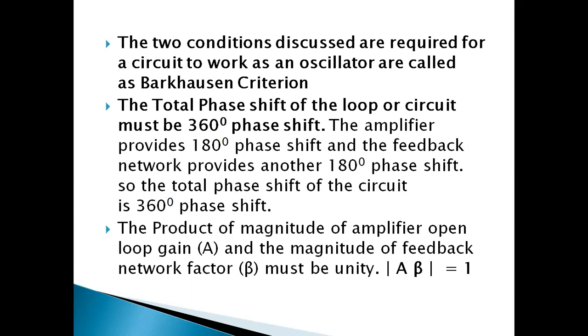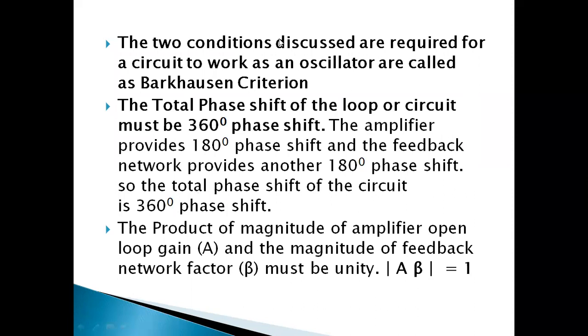The amplifier provides 180 degrees if we are taking an inverting amplifier, and the remaining 180 degrees phase shift will be provided by the feedback network, because the oscillator uses positive feedback. That means the input signal and output signal must be in phase. So in order to get oscillations, the circuit must satisfy this condition as well as the second condition.